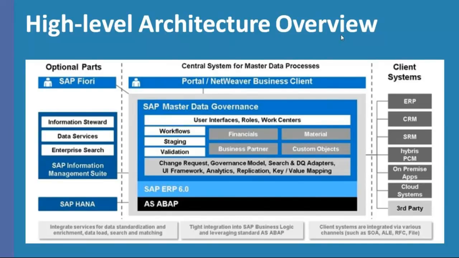The other one is MDG on top of ECC, or co-deployment architecture. I will come to the different types of architecture, but before that I will talk about the architecture which is majorly used, which is this one. This architecture we call the hub architecture, the MDG hub, or the MDG hub concept. So what is the MDG hub concept?